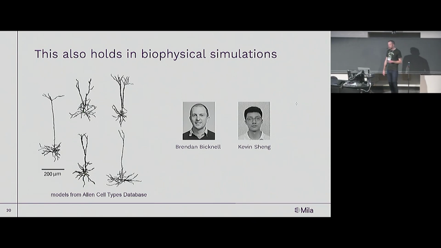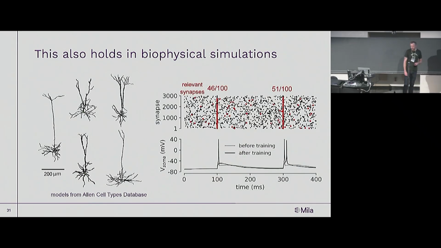This actually also holds in biophysical simulations. So you can take a biophysical simulation of a neuron and you can train it on this same task: respond when 50 of the inputs are on, but most of the inputs are irrelevant. So here, this biophysical neuron is trained such that when 50 of the relevant inputs are on, it needs to spike, but when it's under 50, it needs to not spike.